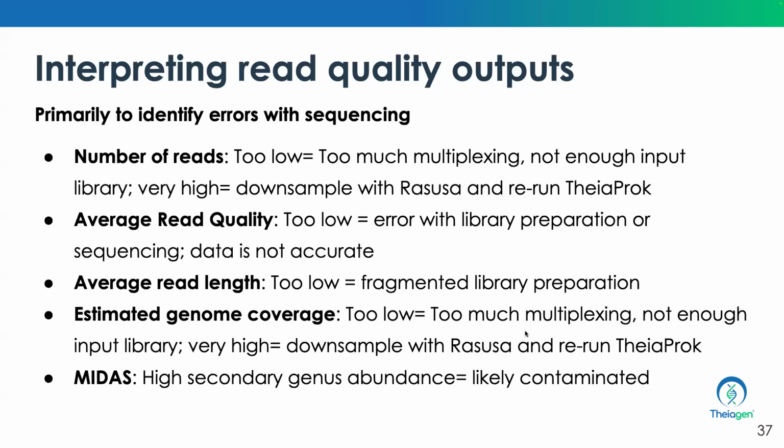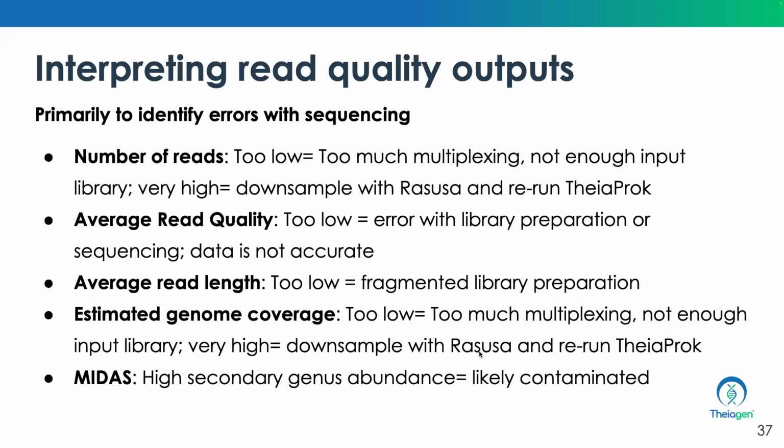And as I mentioned, MIDAS will identify secondary genus abundance in your data set, and this will let you know whether your sample is contaminated with a different genus than you might have expected. By default, this is 1%, which is common practice in the field.